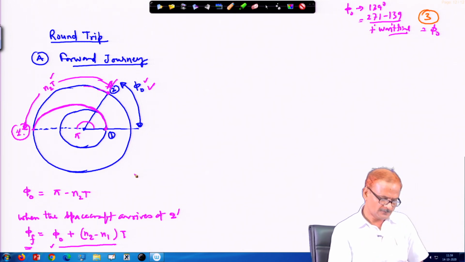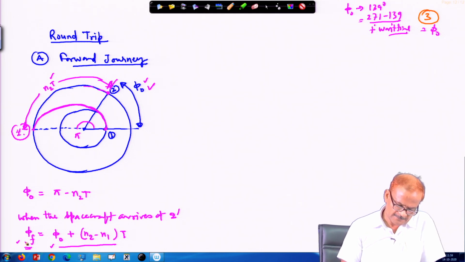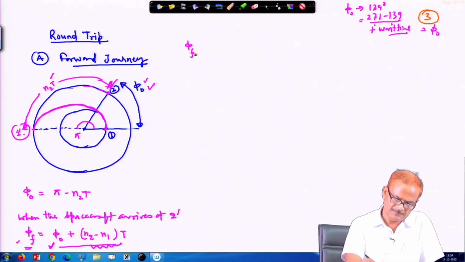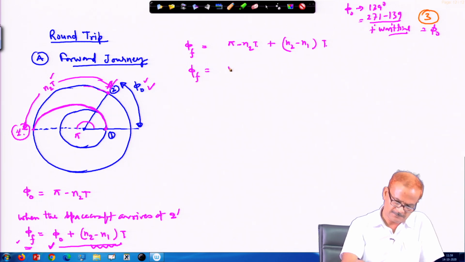So, this will show you where the second one is lying with respect to 1. This is the angular difference initially, and later on this much angular difference between 1 and 2 will be created. So, phi f becomes pi minus n 2 t plus n 2 minus n 1 t, or phi f equals pi minus n 1 t, since n 2 t cancels out.